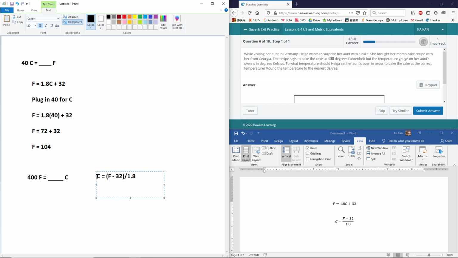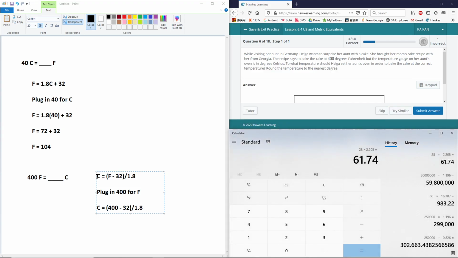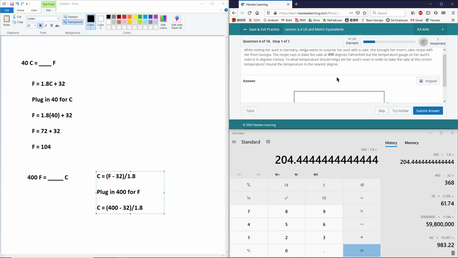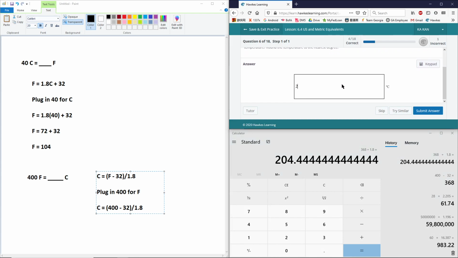So in our case, we'll have to plug in 400 for F. So that's C equals 400 minus 32 divided by 1.8. And I'm just going to use the calculator for this one. So 400 minus 32, hit enter, divided by 1.8. So I got 204.44. Let's say they want you to round to the nearest degree, so that'll be 204.